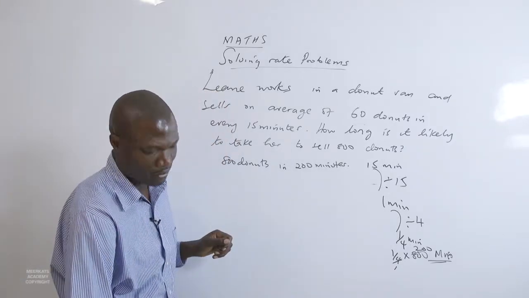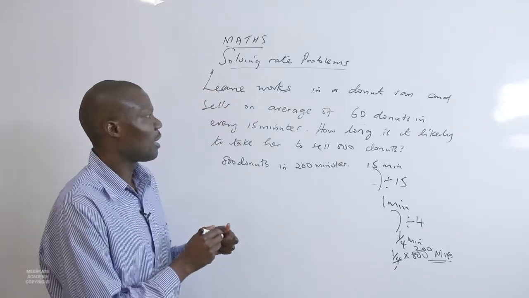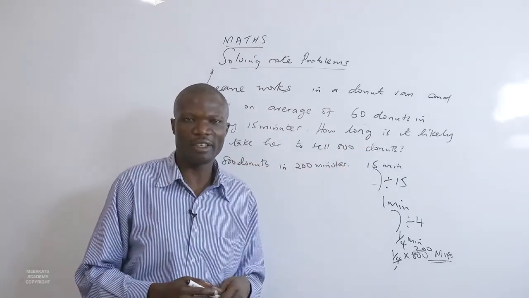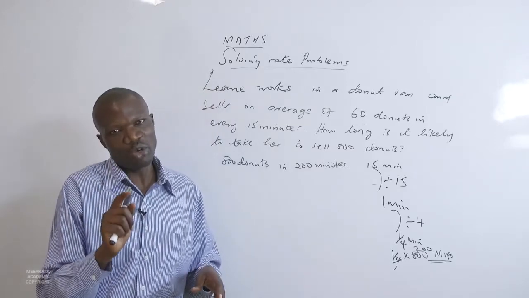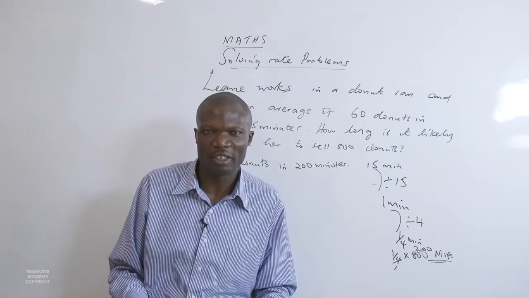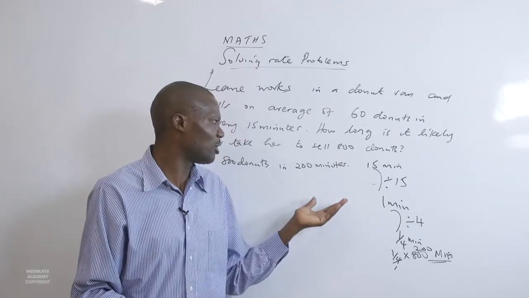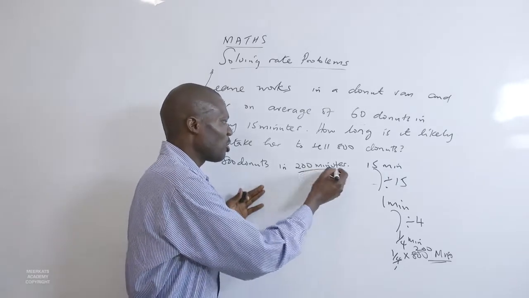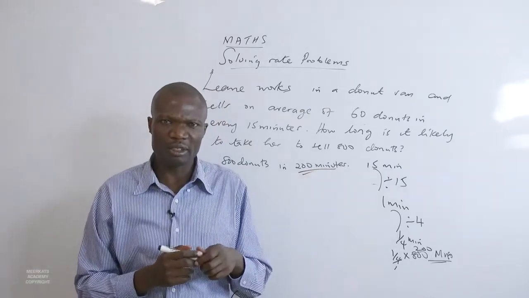Let us go back to the question. How long is it likely to take her to sell 800 donuts? This question requires some decent reasoning. It looks awkward for you to leave your answer, it's correct, yes, but you're talking of 200 minutes.